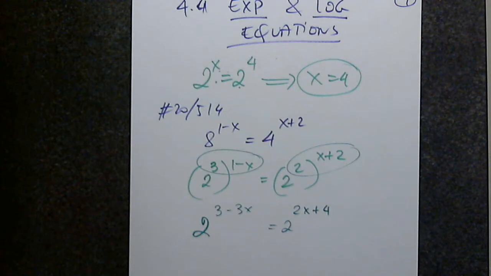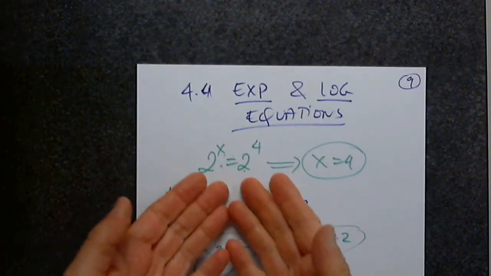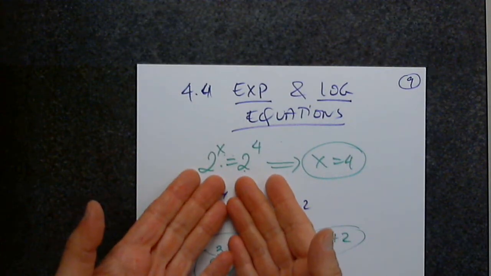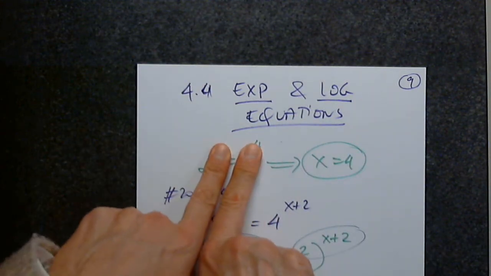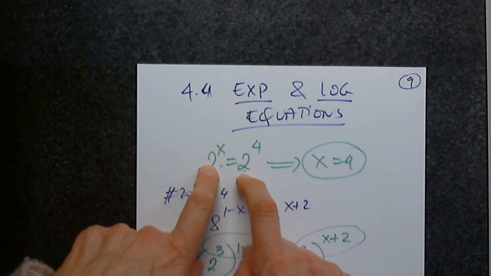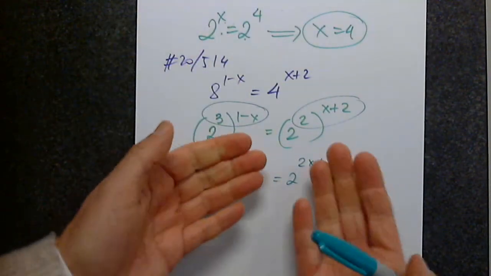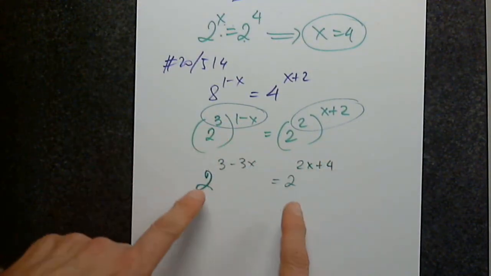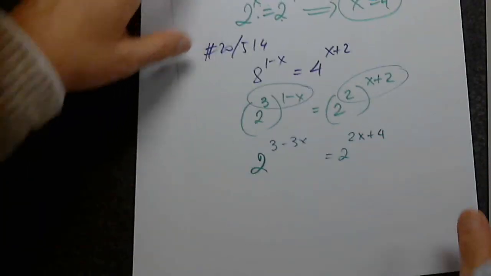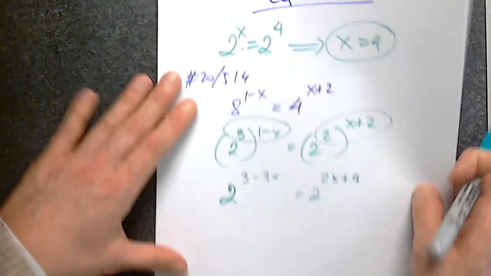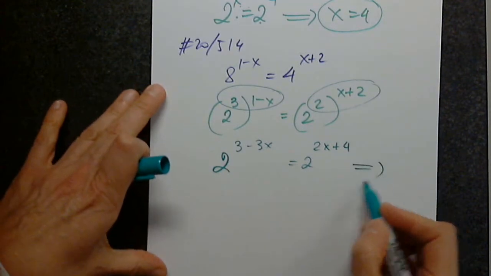I copy the base, multiply the exponents, and of course I have to distribute. Although this looks complicated, I am back to the same question. Two numbers are equal and they have the same base. What has to happen? The exponents must be the same. Mandatory, otherwise these two will not be equal.